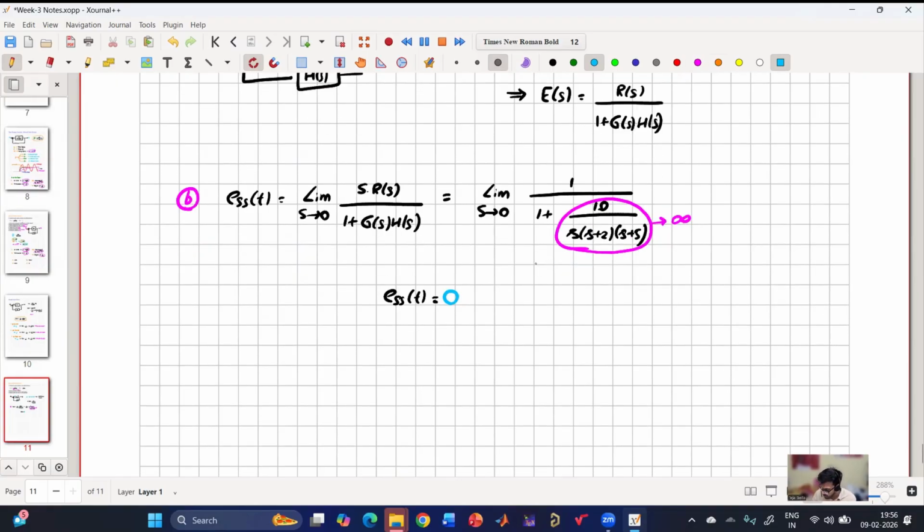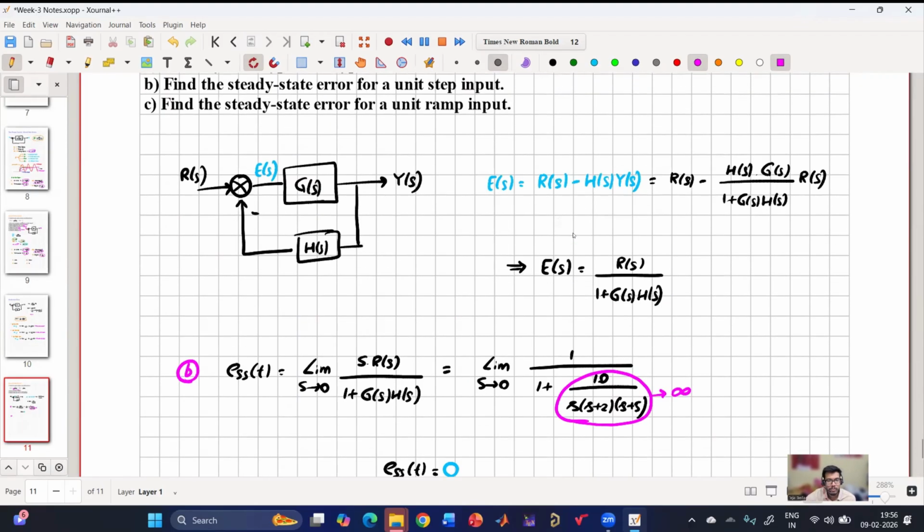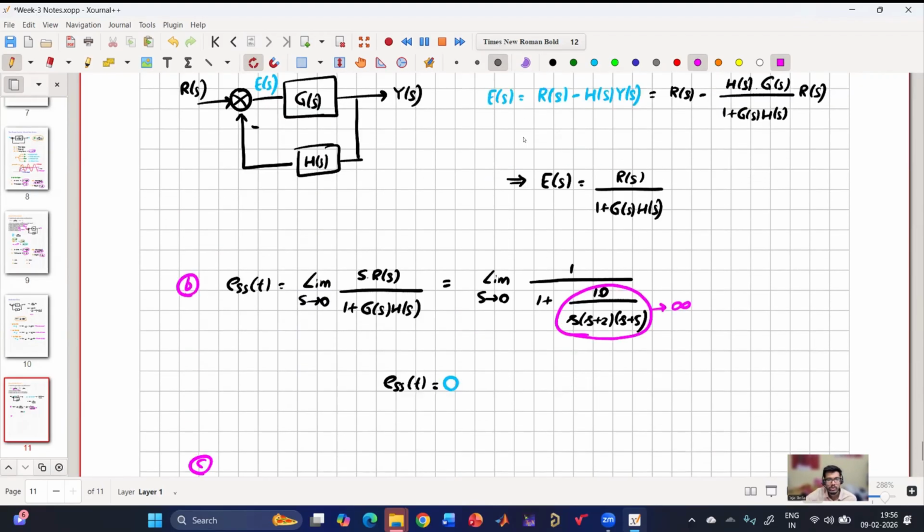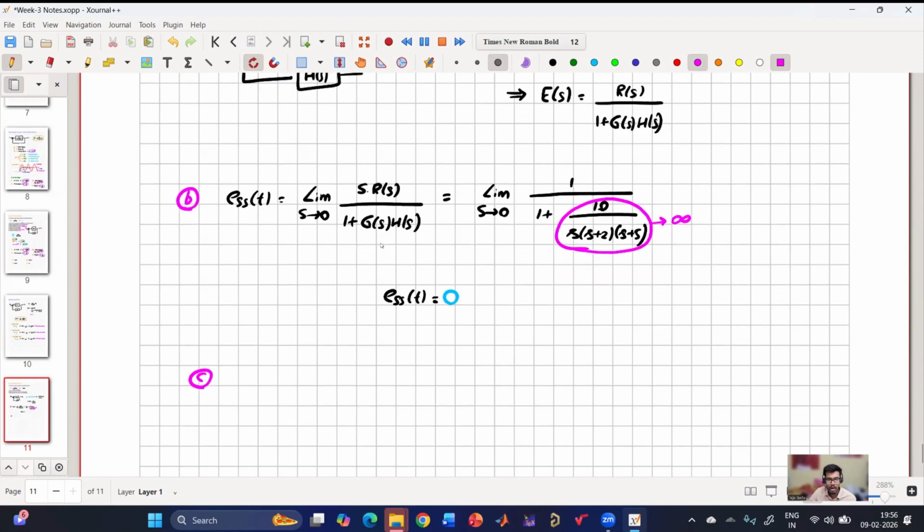So let us solve another problem, which is for the ramp input. I have asked for unit step input and unit ramp input. For ramp input, R of S is 1 by s square. So there is one s in the denominator, and we will have 1 by s plus 10 s by s into s plus 2 into s plus 5.